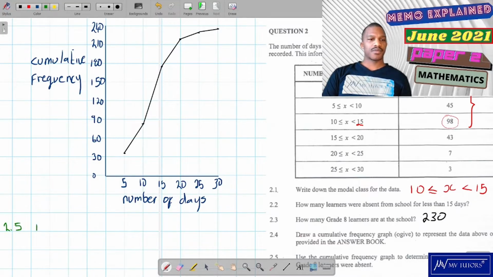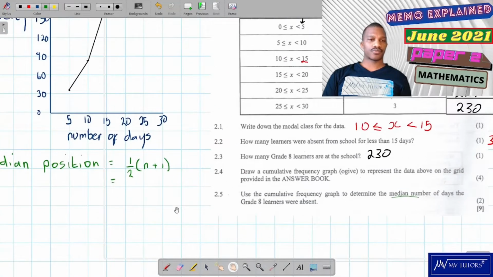The median formula doesn't give you the median, it gives you the median position. So the median position formula is half, and then that's the total cumulative number plus 1. So that's going to be equal to a half, open brackets, 230, that's the cumulative number, plus 1.